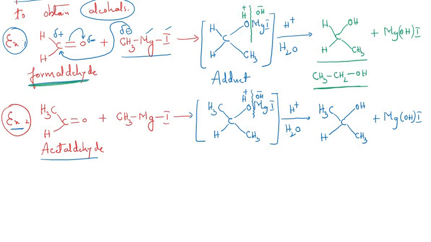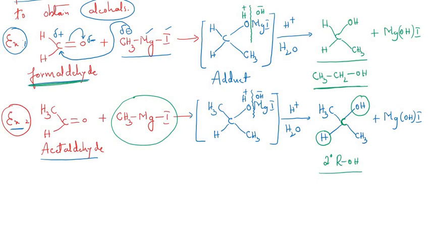You can see that this OH group is linked with this carbon atom which contains only one hydrogen. So such types of alcohols are called secondary alcohols, right, students? So the statement I want to make is that if you use an aldehyde other than formaldehyde with the Grignard reagent, methyl magnesium iodide, you will get secondary alcohols.